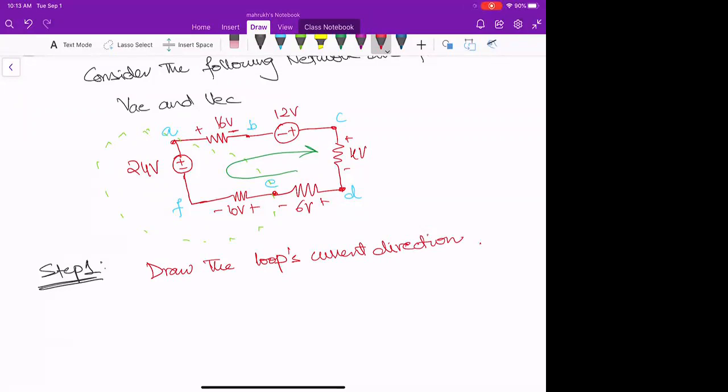Direction, okay? Then my step 2 is, if I want to find VAE, I know we can write this equation. Can we write the equation applying KVL? Let's write it.